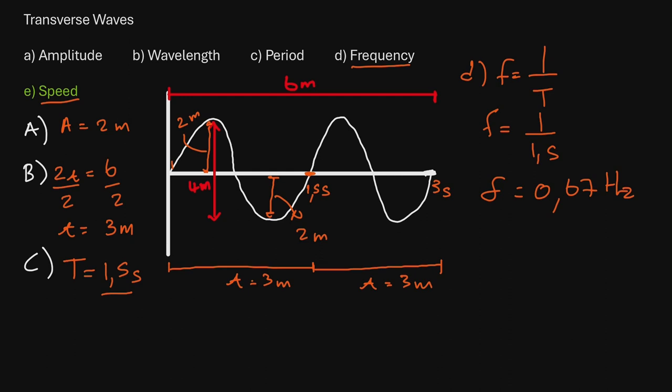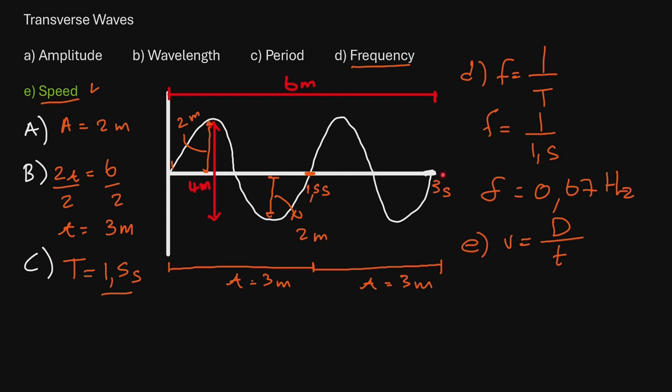So the last question that we have, they say we must determine the speed of the wave. The speed of the wave, or the speed of anything, is given by the following equation. Speed is equal to distance over time. If we have the total distance of the wave and the total time of the wave, we are able to determine the speed.